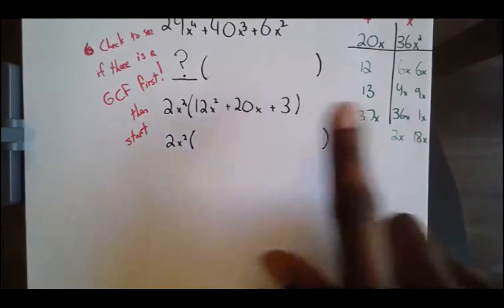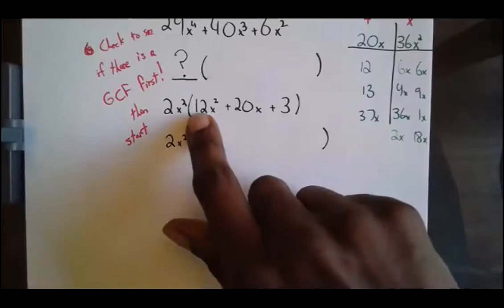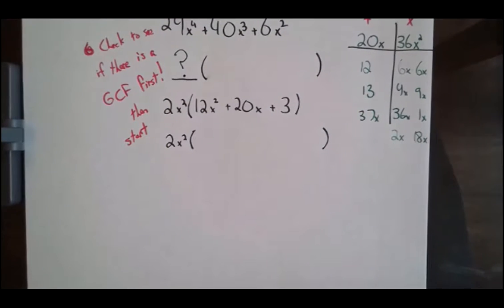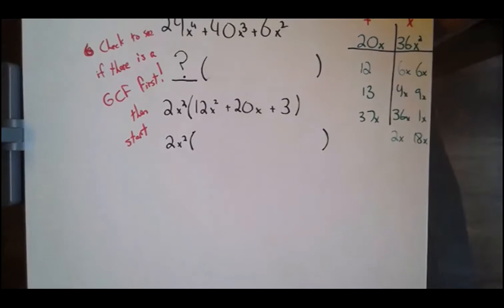Should I put 2 by 12 or 18 by 12? Let me see what I get. 2, I get from Angela, 2 from Madeline. 2 from Brendan.